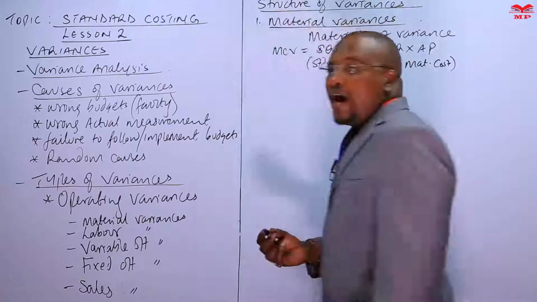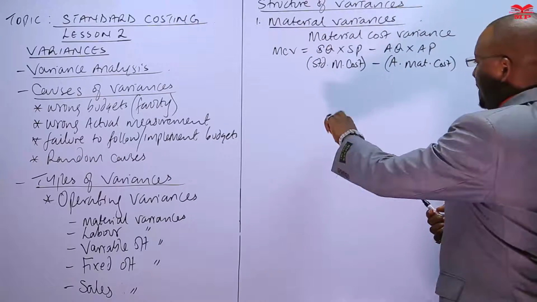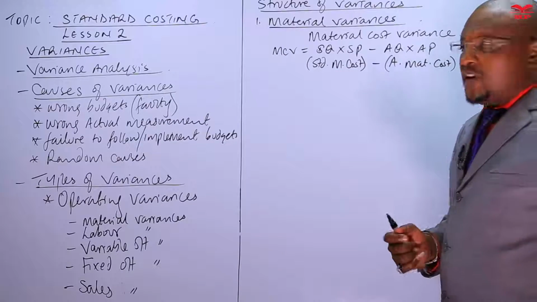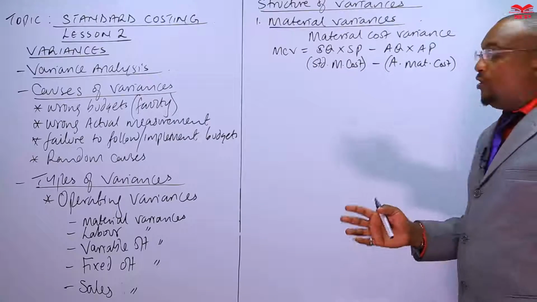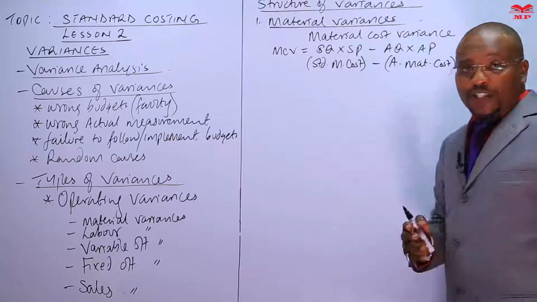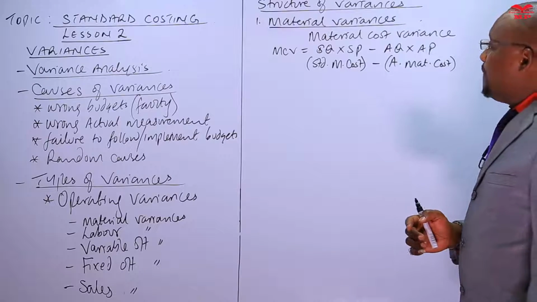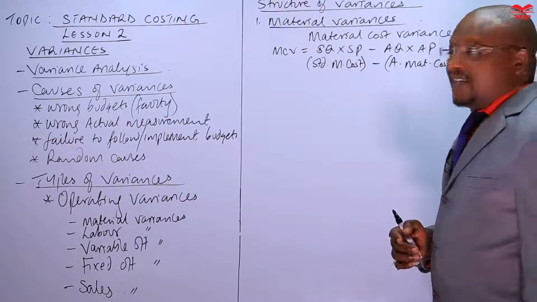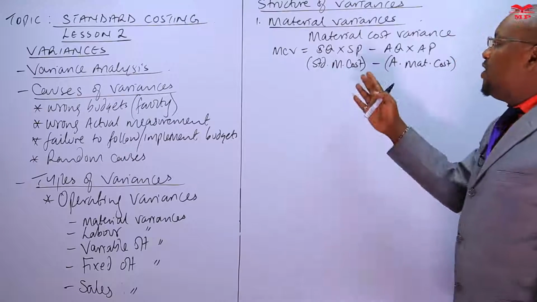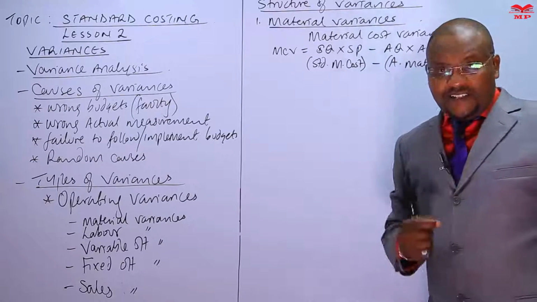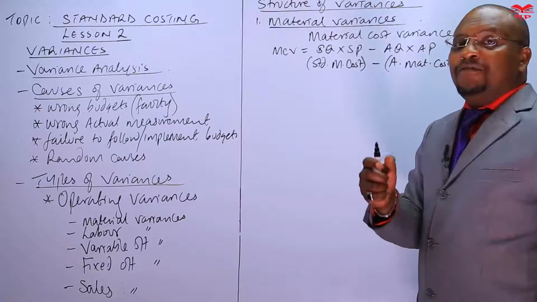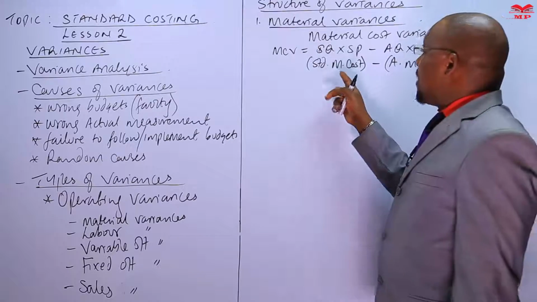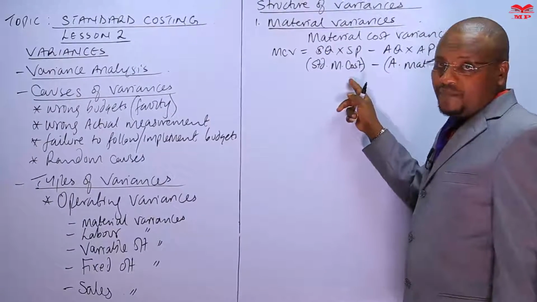If you do have the total of the material cost, you just need to compare. You don't need to do the computation as long as you have it. Now, in the budgeting topic, we did what we call the flexible budget. It is from that flexible budget that we now extract the standard material cost.